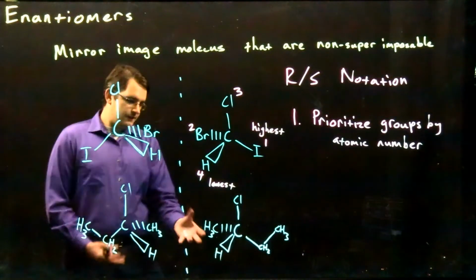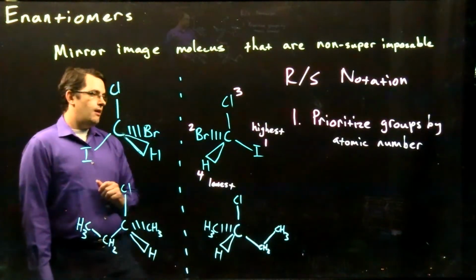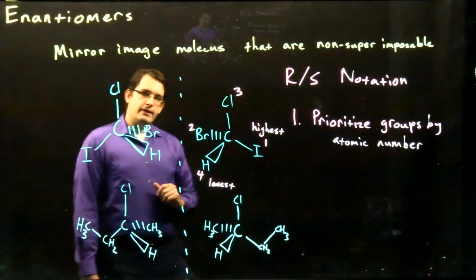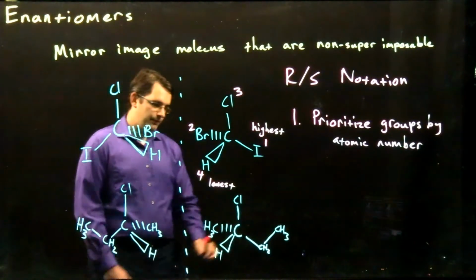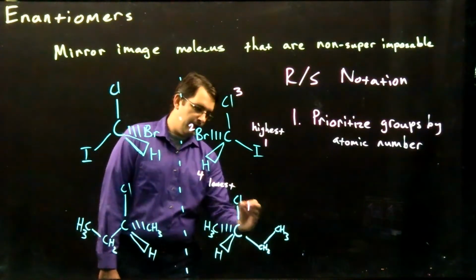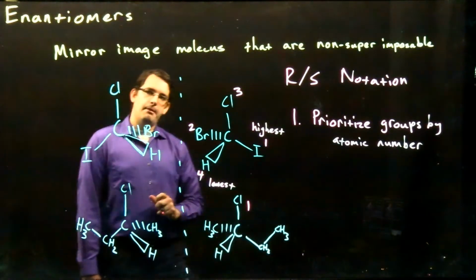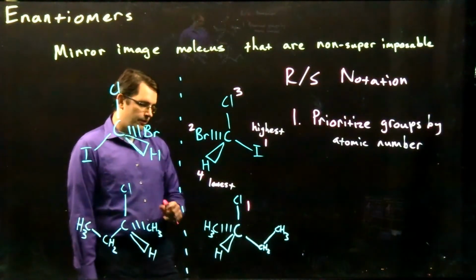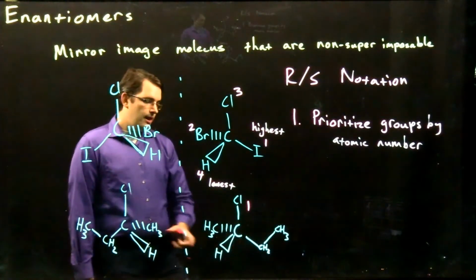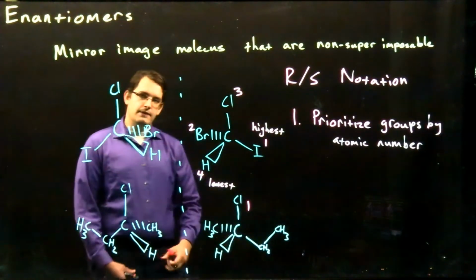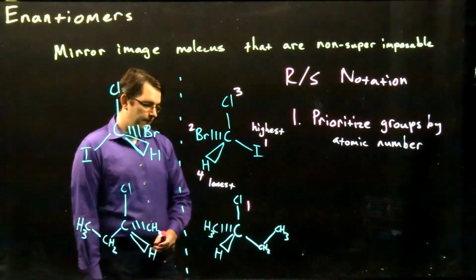Now, if I consider a slightly more complicated molecule, like the enantiomer shown below here, I am still going to assign my priority based on the atomic numbers. So in this case, chlorine has the highest atomic number and is number 1. But now when I look at my next highest priority group, you'll notice that I have 2 carbons here. Now you might initially think, well, 2 carbons aren't unique, so therefore this should be achiral or symmetrical.